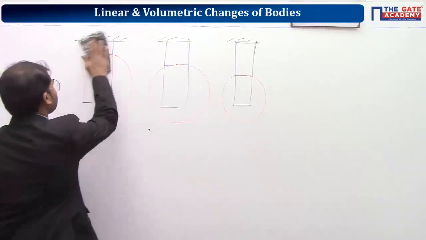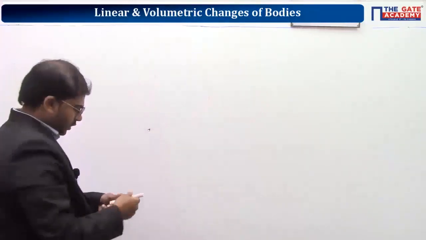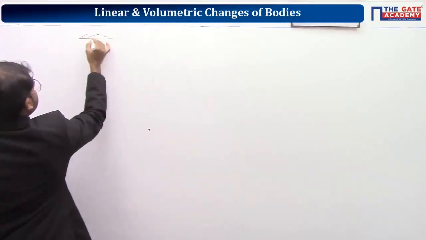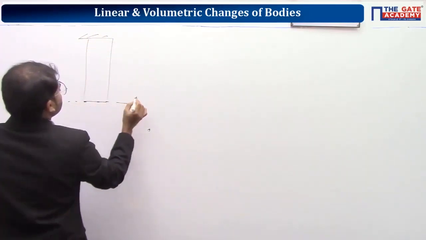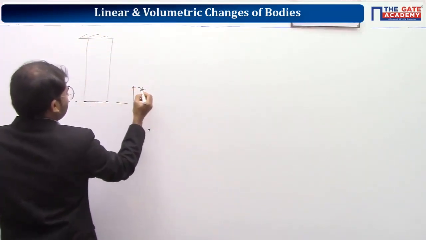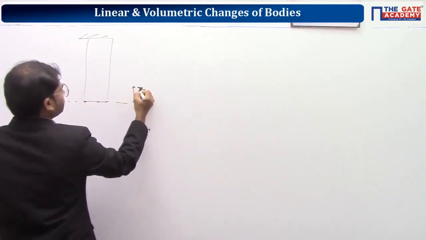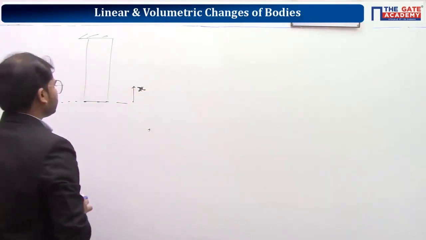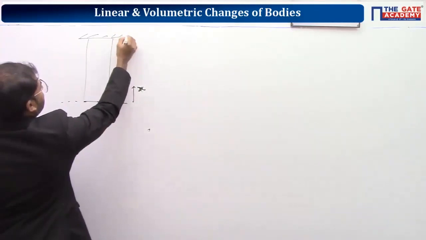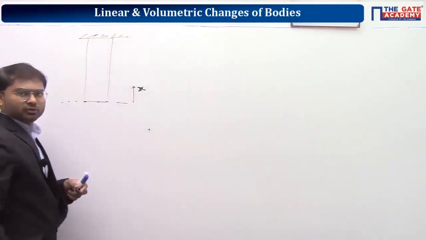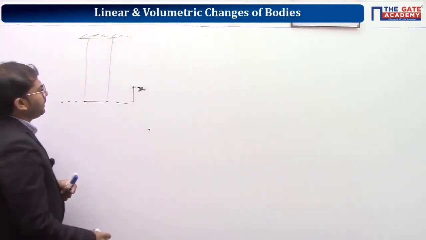I'm rubbing this. It's not required to be copied. So I'm taking the bar here. The bar is like this. I'm assuming this is the origin and the positive x-axis is upwards, just for simplicity.